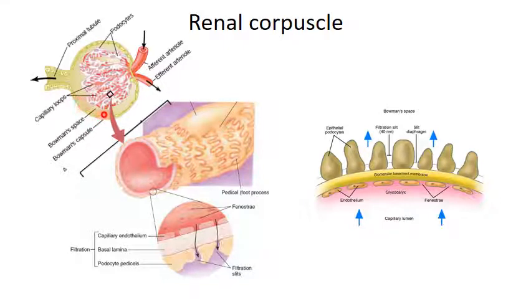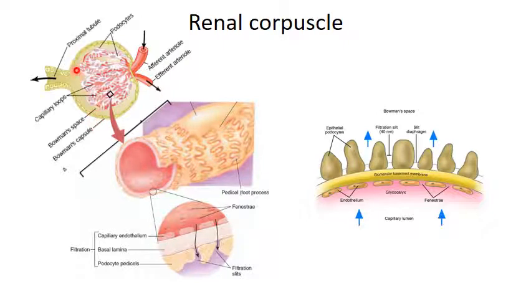The outer parietal layer consists of a single layer of flat cells, whereas the inner layer consists of large cells called podocytes. These cells are called podocytes because they have foot processes, and the foot processes of the podocytes are wrapped around the capillaries.